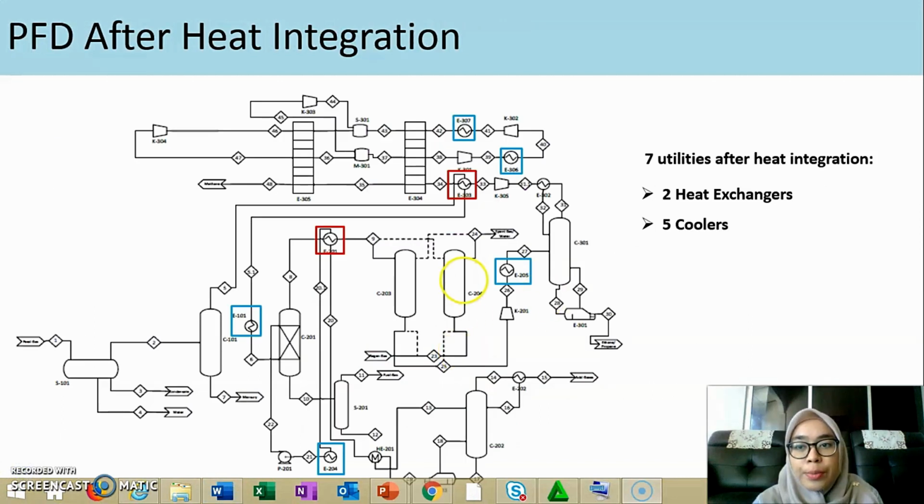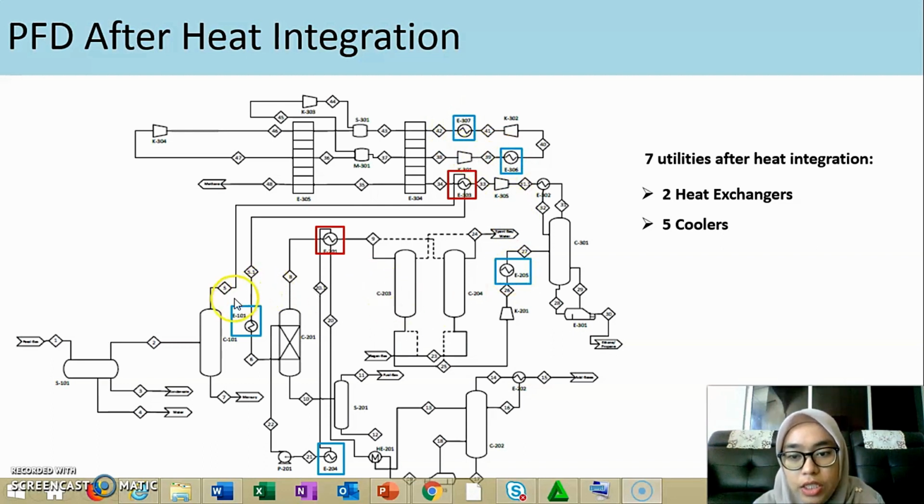So here is the PFD after heat integration. As we can see here, we still have 7 utilities, but we have two new heat exchangers which replace the heaters. The duty of these coolers, 1, 2, 3, is the same.